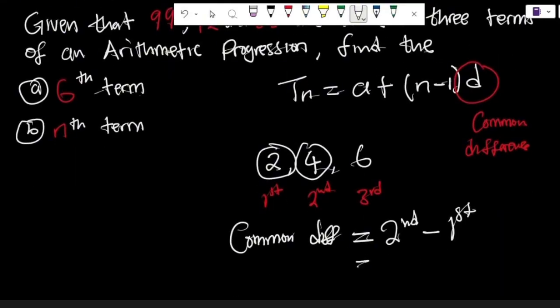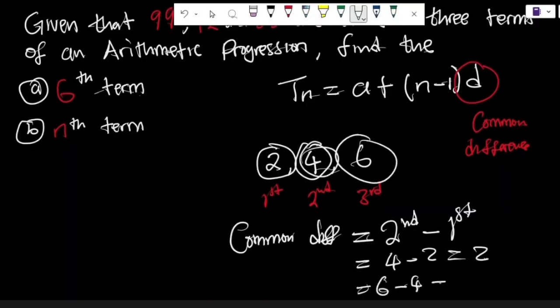In this case, the common difference is the second term, which is 4, minus the first term, which is 2. So this is going to be 2. Even if we try 6 minus 4, we're still going to get 2. This is why it's called the common difference, because the difference is the same.